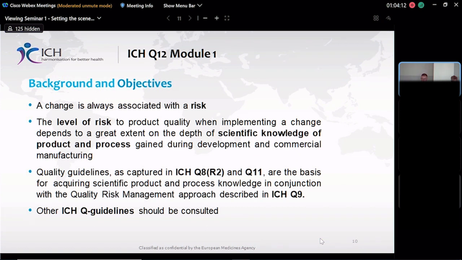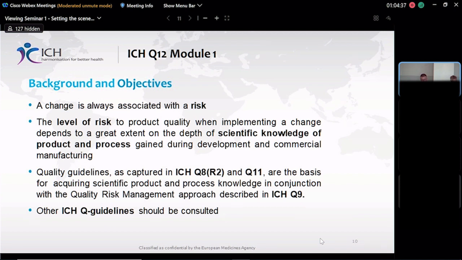There are a number of key quality guidelines, notably ICH Q8 to 11, so 8, 9, 10, and 11. And these are the basis for acquiring scientific product and process knowledge. The quality risk management approach described in ICH Q9 underpins everything that we do in lifecycle management.